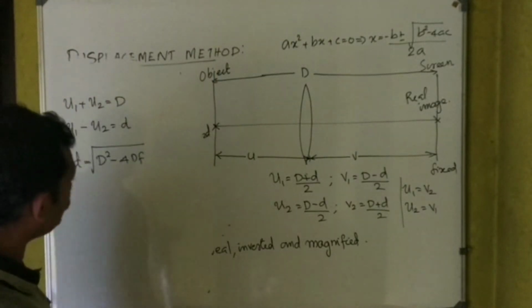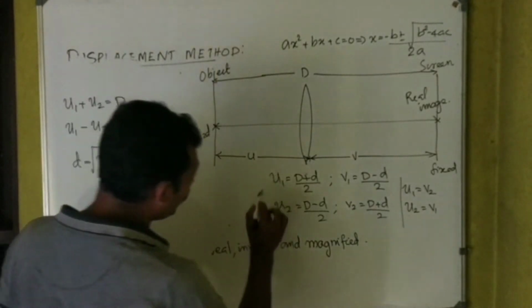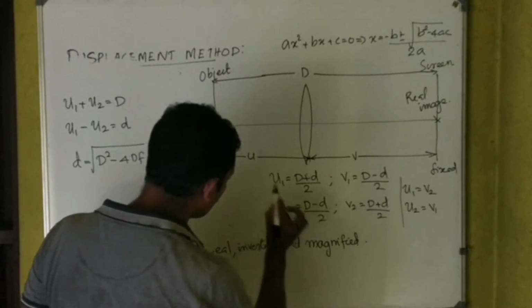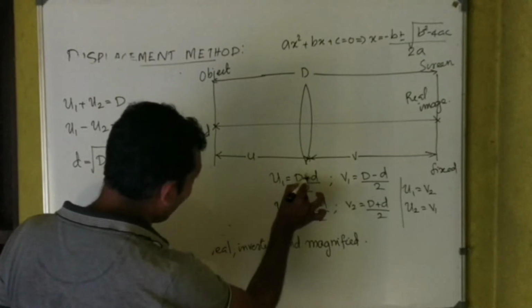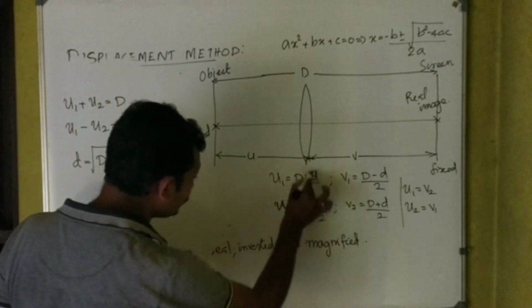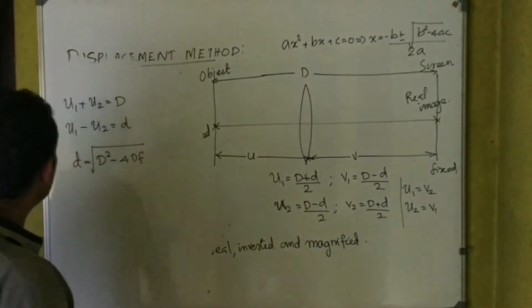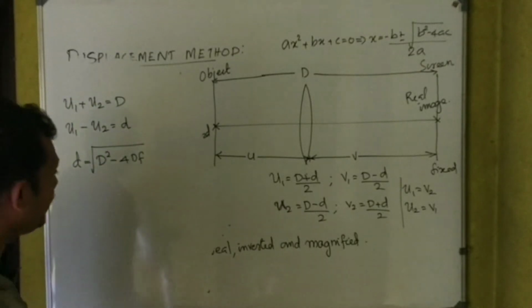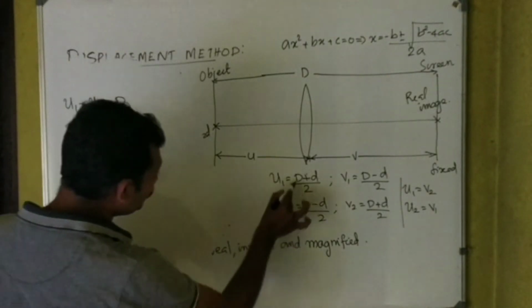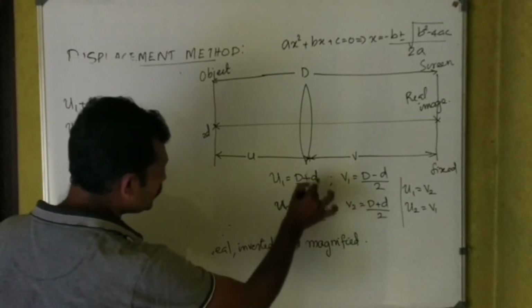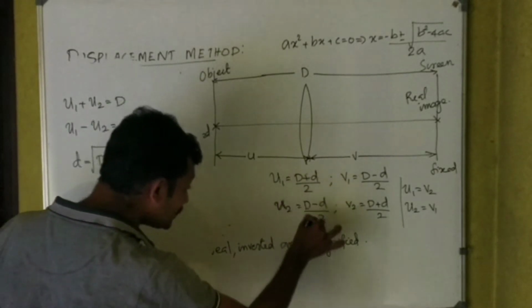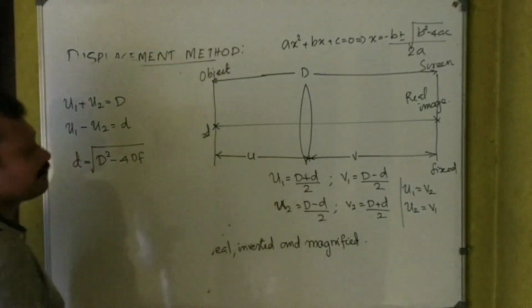So u1 plus u2, you can add to get this answer. When you add, this is plus d, this is minus d, these two will get cancelled. So u1 plus u2 is equal to capital D. u1 minus u2, this capital D will be cancelled, plus d by 2 minus minus d by 2, it becomes d.